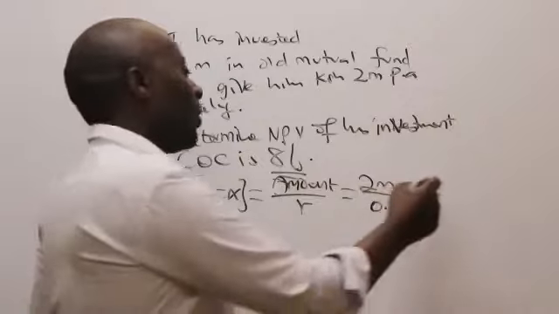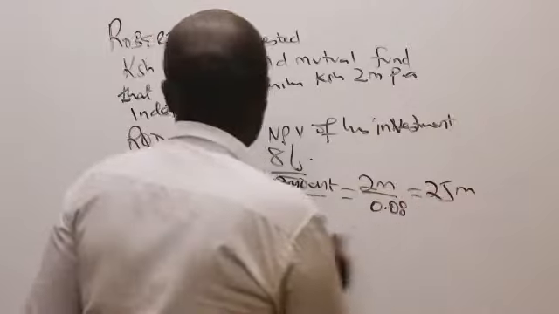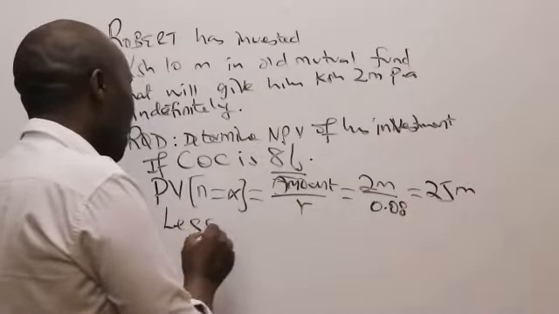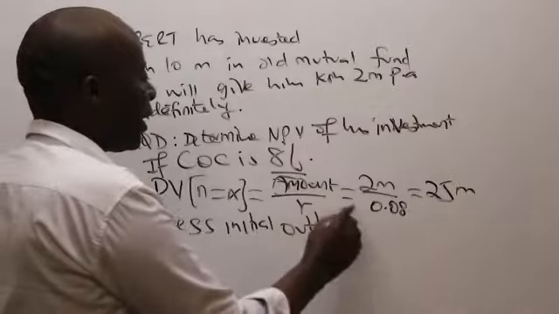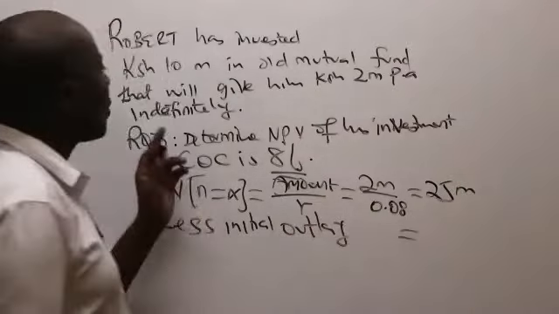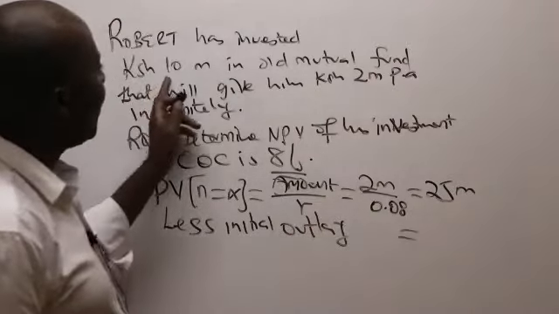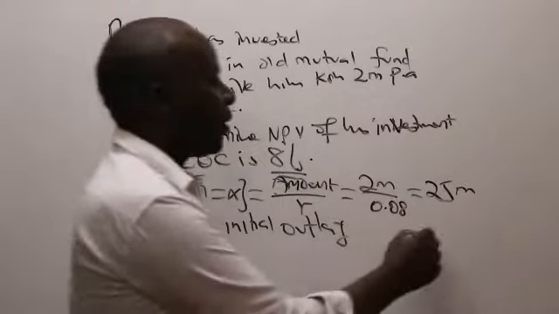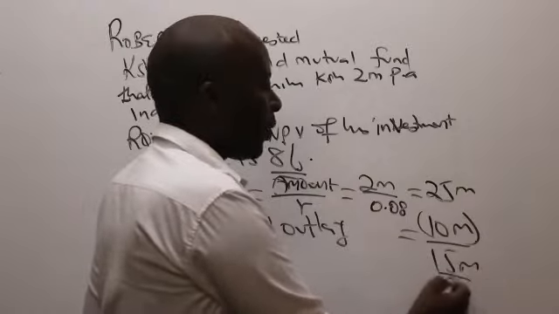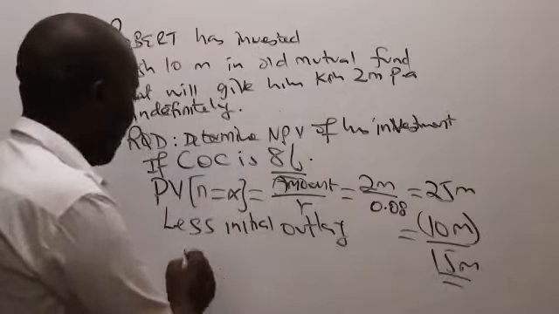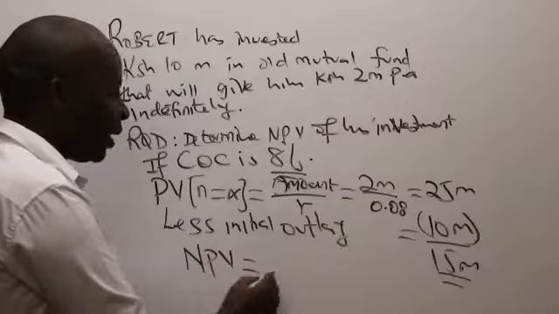25 million. So when you get this 25 million, you now come and less the initial outlay. Looking carefully, the investment here was 10 million, so you subtract like that. You will get 15 million, which is straight away called the net present value.